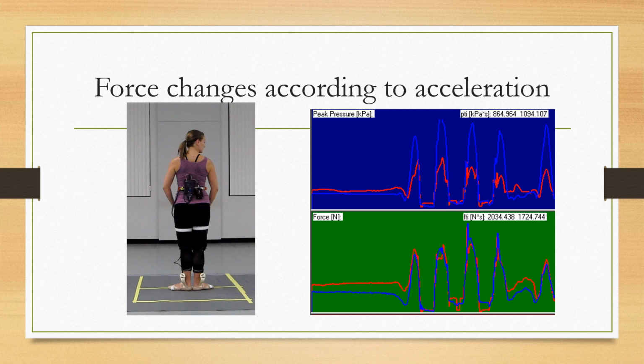And you can see here is just the weight, but then it actually goes down as she plies for the first time. And so, although her body mass hasn't changed, her body weight has actually decreased because the downward acceleration of her center of mass actually subtracts from the acceleration of gravity.